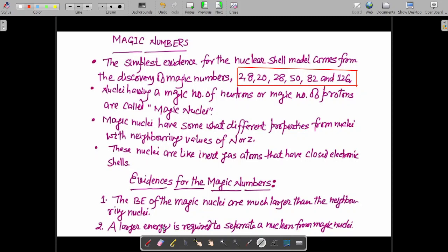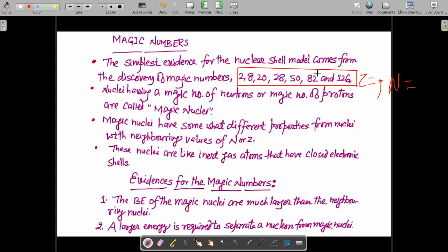These hold good when the number of protons is equal to these numbers, or the number of neutrons is equal to these numbers. So whenever we have 2 protons inside the nucleus, it will be a magic nuclei.